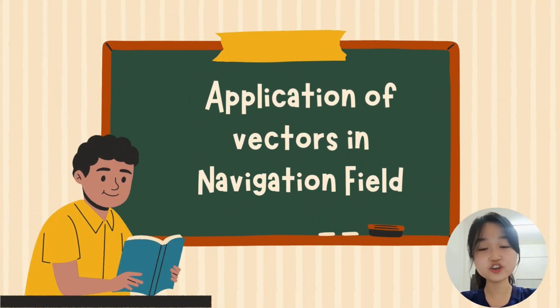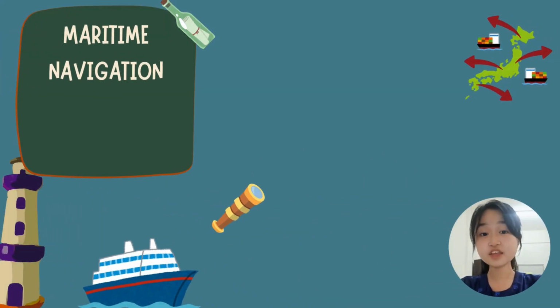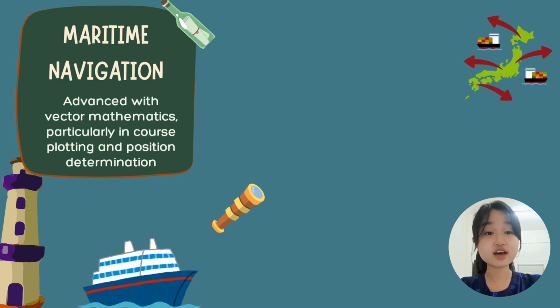Next, we are going to look at the applications of vectors in the navigation field. First, maritime navigation. Maritime navigation has significantly advanced with vector mathematics, particularly in course plotting and position determination.